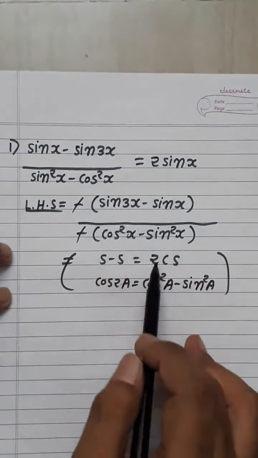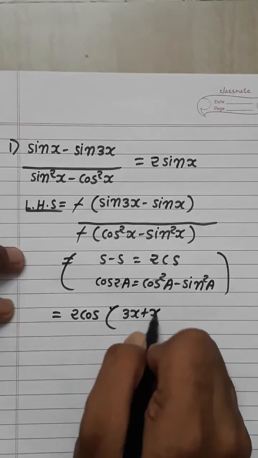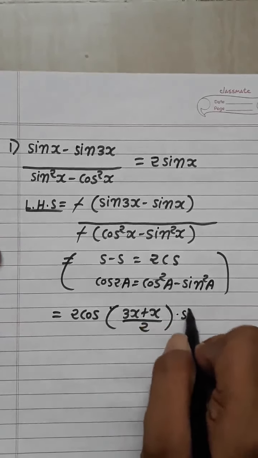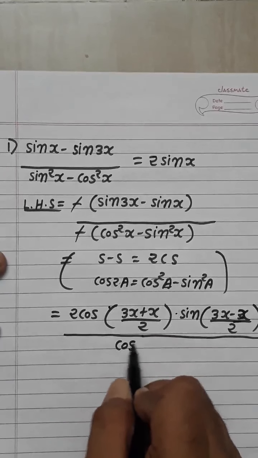So it is equal to 2 times cos into bracket 3x plus x divided by 2 into sin bracket 3x minus x divided by 2 upon, in the denominator term, apply the result cos square x minus sin square x, that means cos 2x. So in the denominator we write cos 2x.